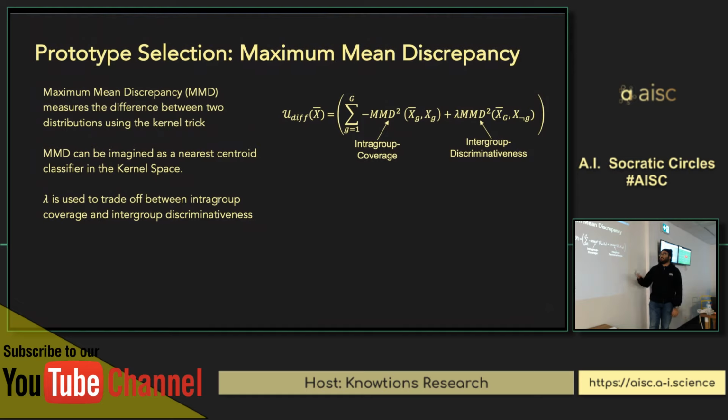We have xg bar as one of the prototypes of a group G, and x not G as all the other documents. We want to maximize the discrepancy there, because if the discrepancy is larger, a classifier will be able to classify it more accurately.